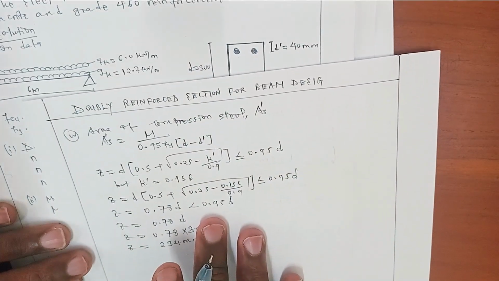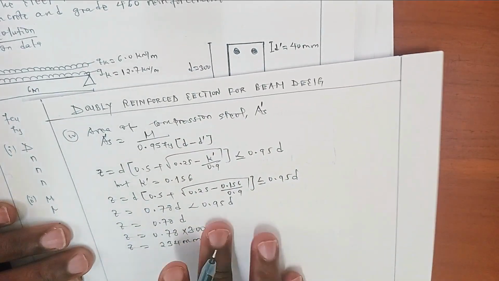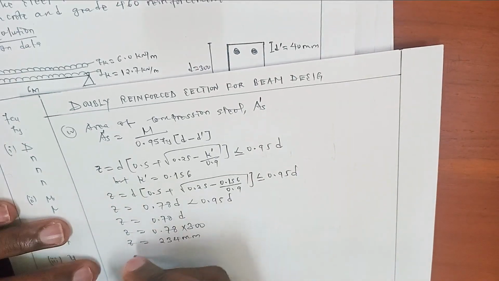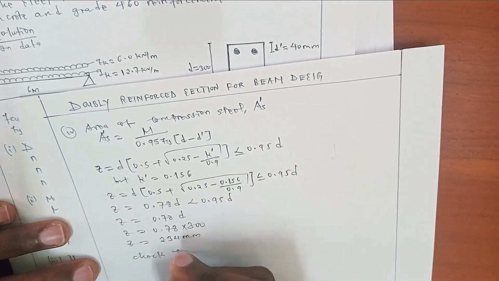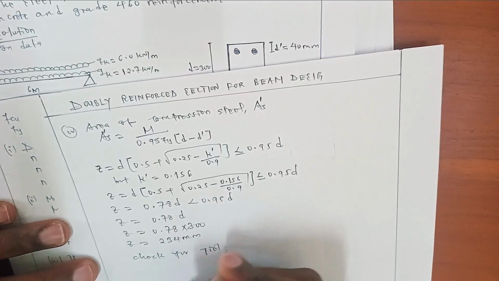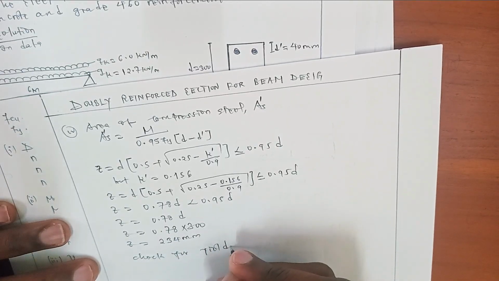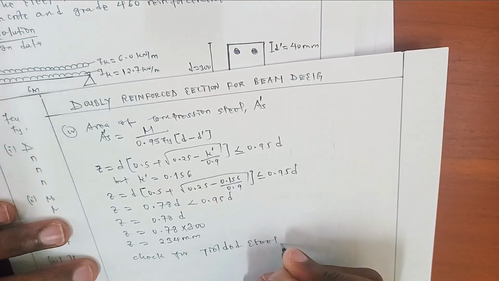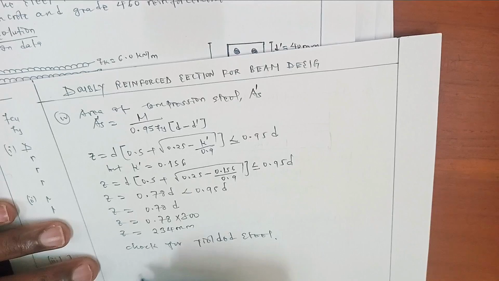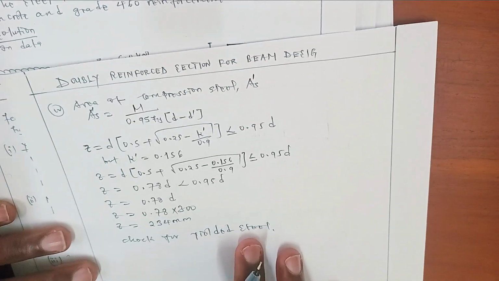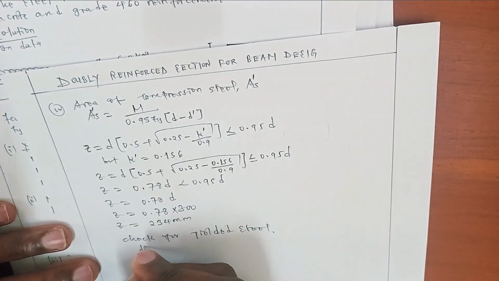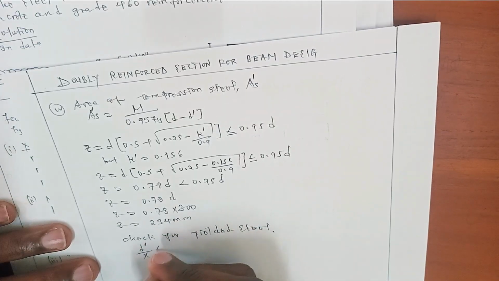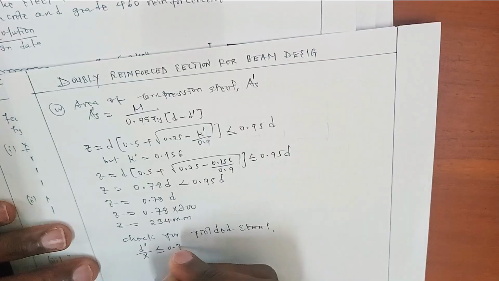Okay. Now let's check: is the compression steel yielded or not? Check for yielded steel. If the compression is yielded, the effective depth of compression over x should be less than or equal to 0.37.